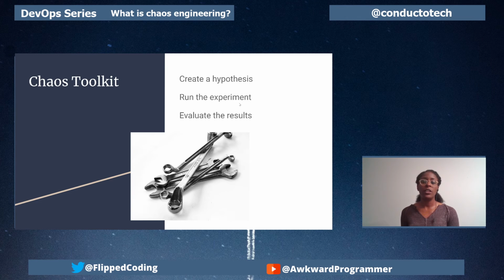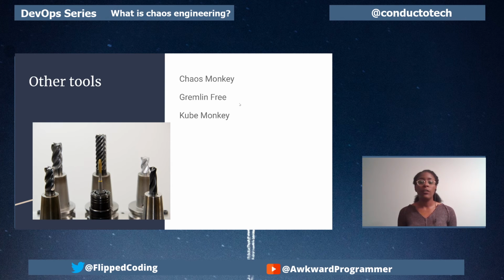When you finish these experiments, your results will basically tell the story for you. So, all of those people that you had to convince in the beginning that the system wouldn't fail, now you have proof of what actually happens when a part of the system goes down. And of course, there are other tools like Chaos Monkey, Gremlin Free, and if you're working with Kubernetes at all, KubeMonkey.